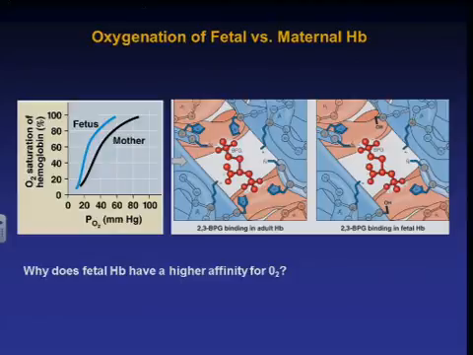So all things being equal, structures being fairly similar, the inability for fetal hemoglobin to stabilize binding of BPG means the BPG is not going to be able to get in there and stabilize the deoxy form. So if it doesn't do that, then what is the resulting change in the oxygen affinity? It's going to go higher. So the basis for that oxygen transfer is that you have a higher affinity for oxygen with the fetal hemoglobin.